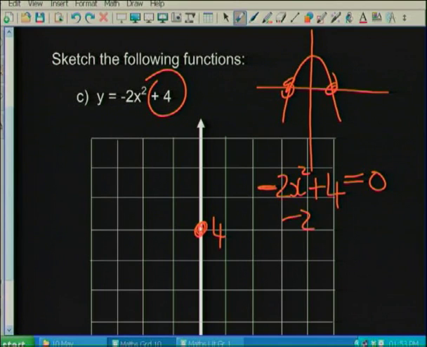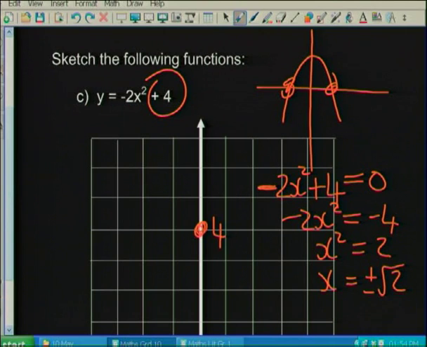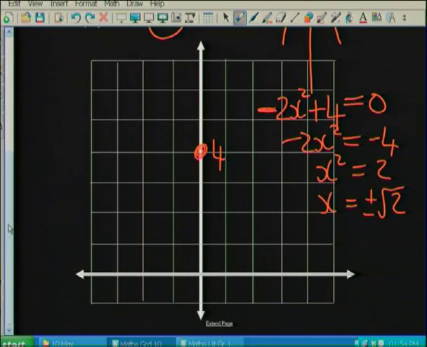So minus 2x squared is equal to minus 4. So x squared is 2, so x will be plus and minus the square root of 2. And I'm just going to indicate it on my graph. Well, it's more than 1, so it'll be there. Negative root 2 and positive root 2.